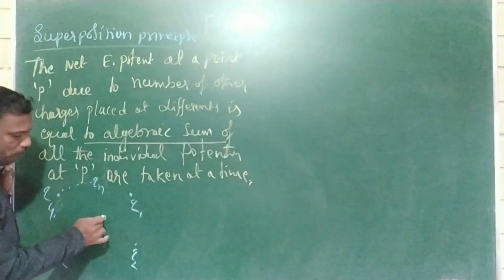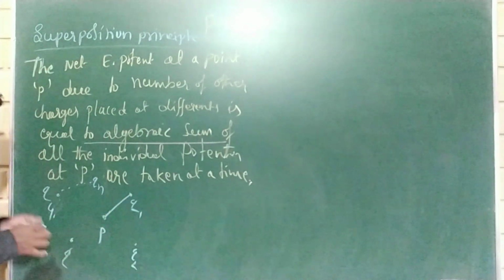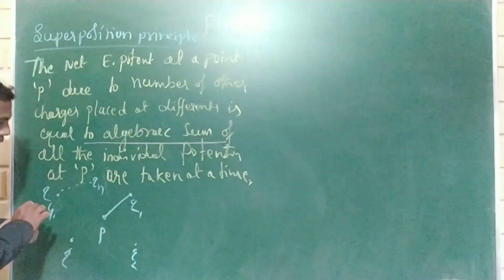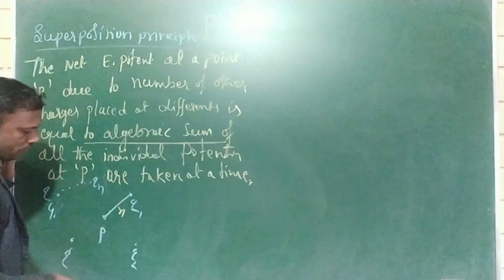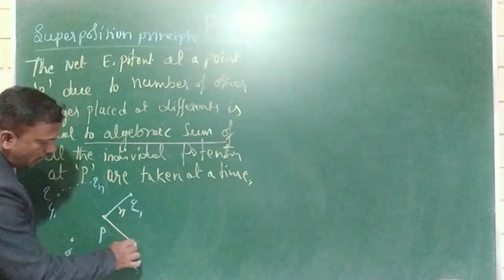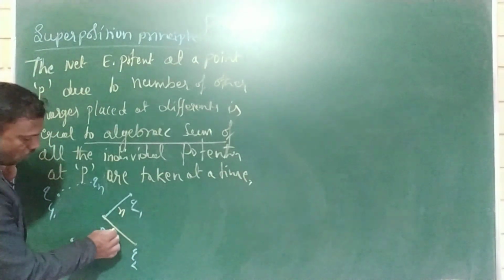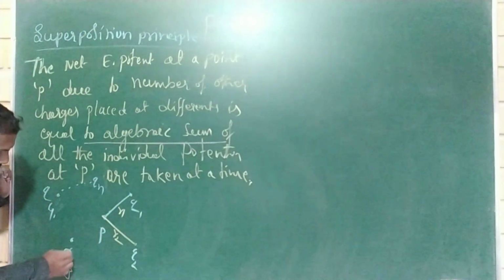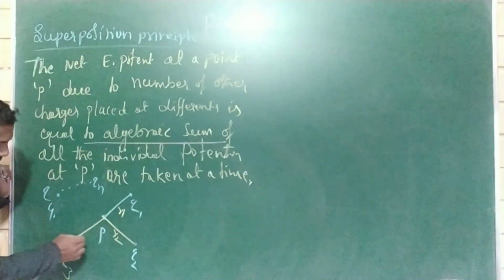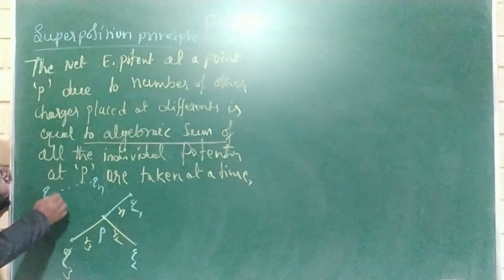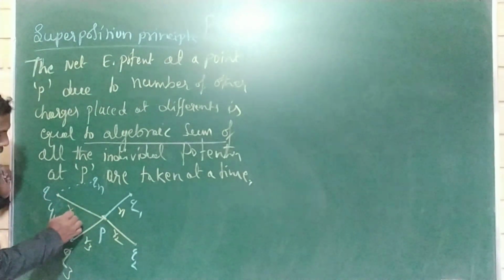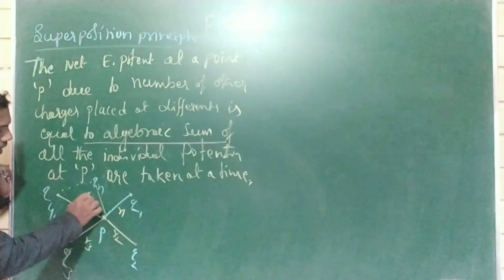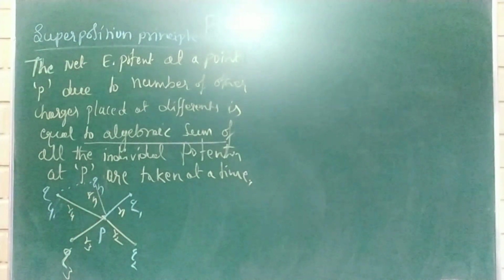The separation of point P from charge Q1 is R1, from Q2 is R2, from Q3 is R3, from Q4 is R4, and from Qn is Rn.